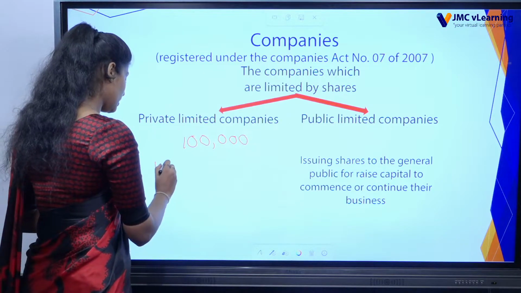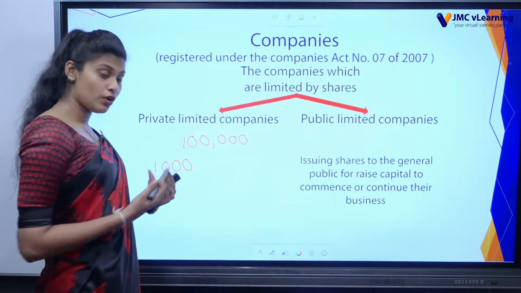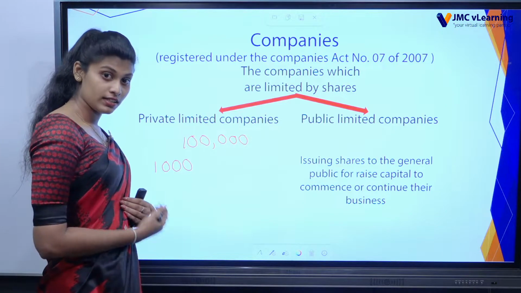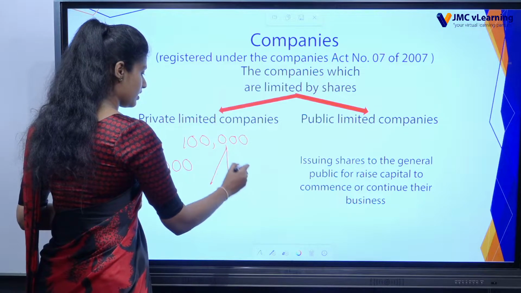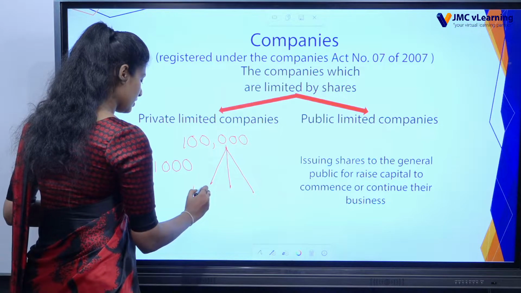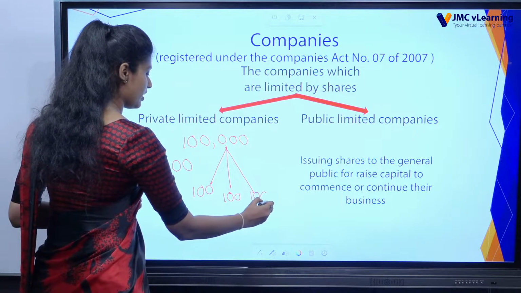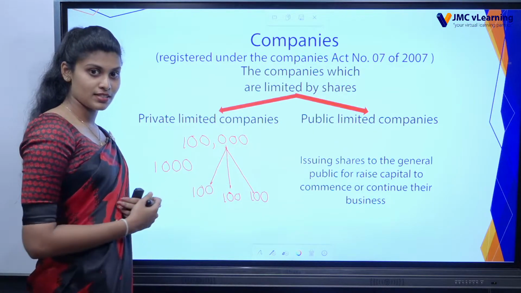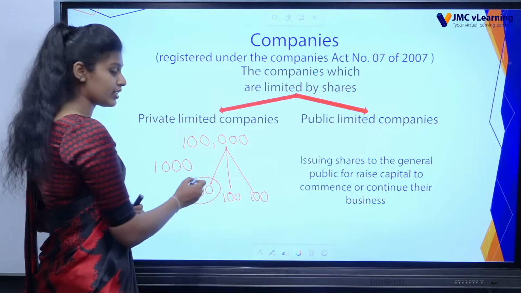I have only 1000 rupees, but I want to take the remaining parts from others. So I am dividing this 1 lakh into equal numbers. I am taking 100 parts.